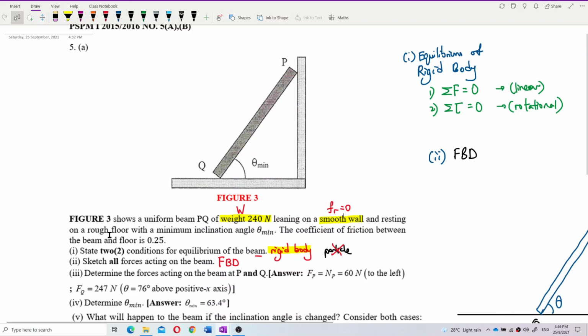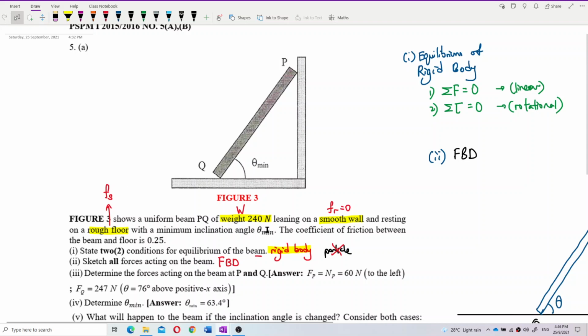But the floor is rough. That means it has static friction on the floor, because this rod is not moving, so we just put static friction.